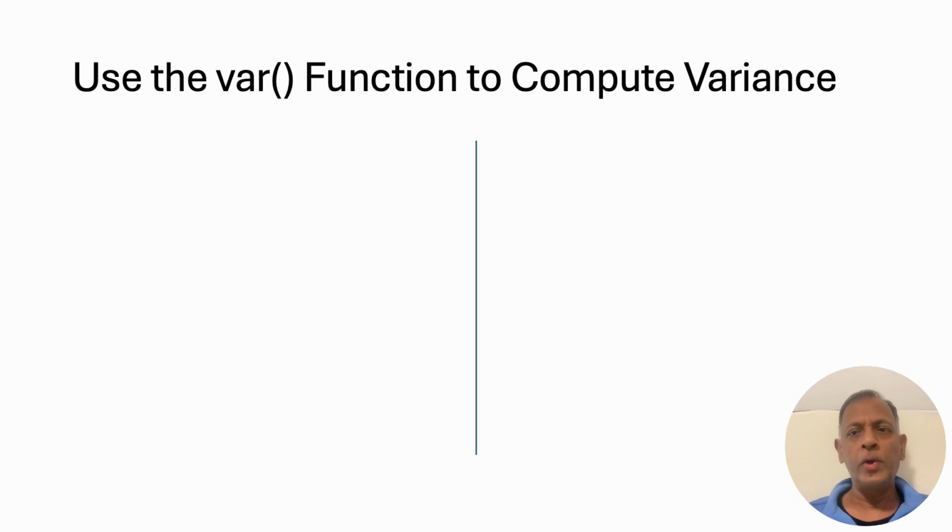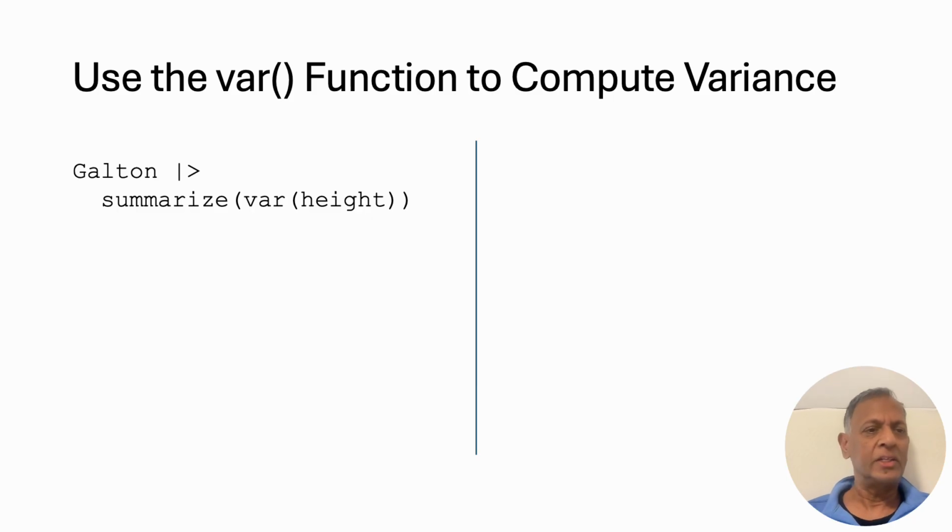Okay. So how do you calculate the variance using R? Well, just use the var function. So Galton is a data frame, and then we use summarize, of course. Remember, when we wanted to calculate the average, we used summarize. Similarly, we want to calculate the variance, we use the function var.